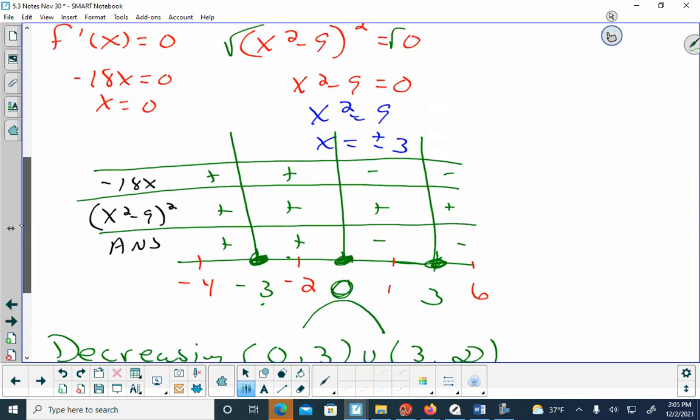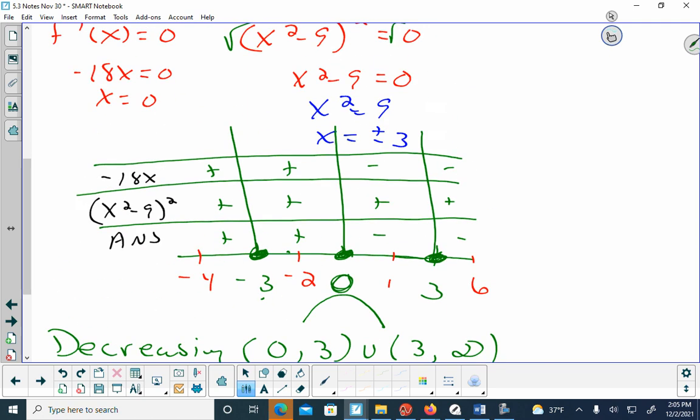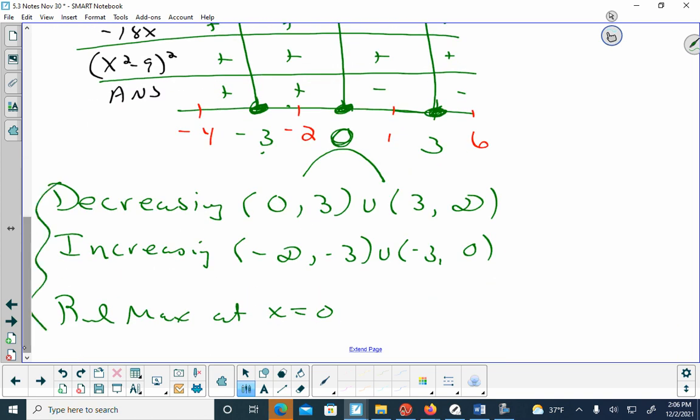And then when I hit my next critical number, decreasing, stay decreasing. No relative extrema there. So this would be my whole answer. There's no relative min. The only time you have to write none is if there's no relative extrema at all.